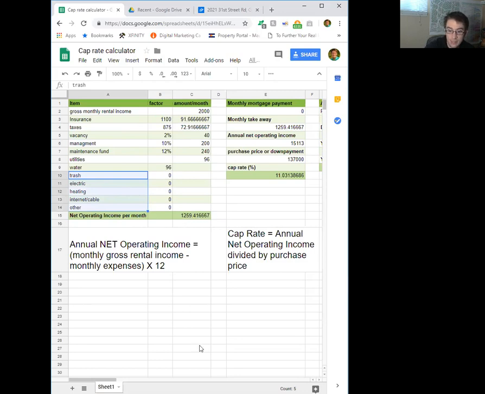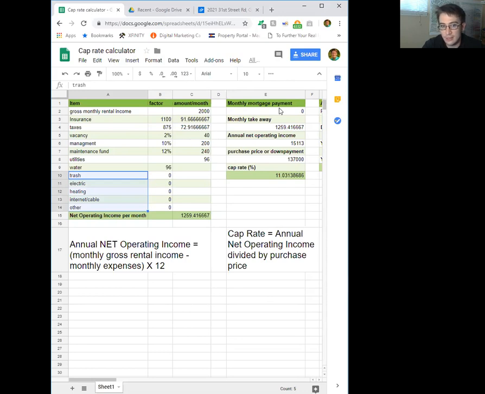So I have my monthly operating income, and I need to find out what my annual operating income will be. I like to factor in my mortgage payment for my operating income because you have to pay your mortgage each month.